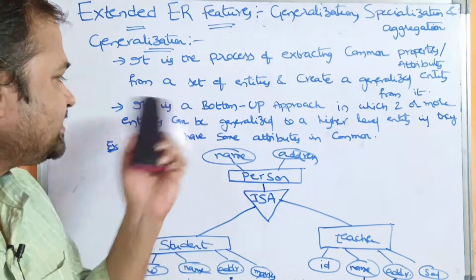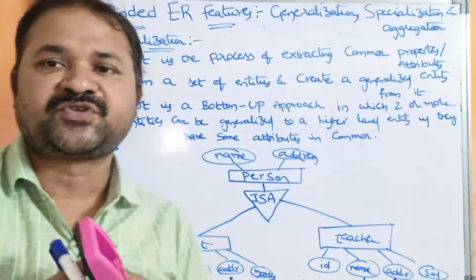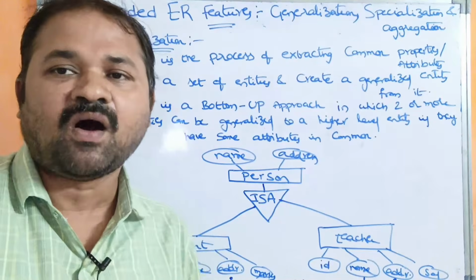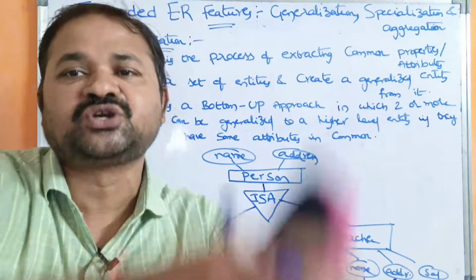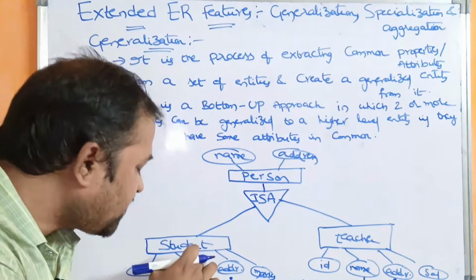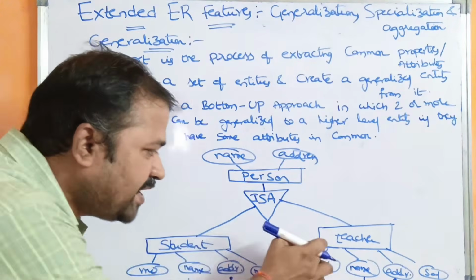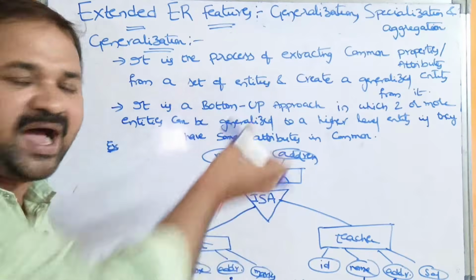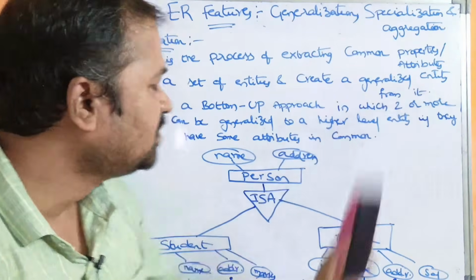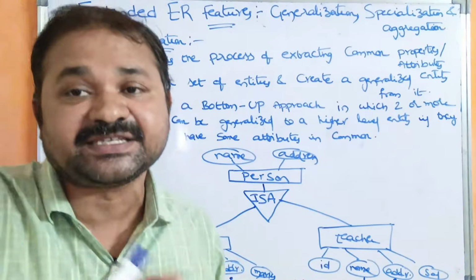Okay, let us see the next point. It is a bottom-up approach. Bottom-up approach means we always start from the bottom and continue towards the top. So here we start from the bottom, that means student and teacher, and we continue towards the top, in which two or more entities can be generalized.